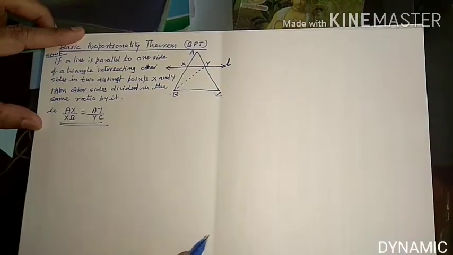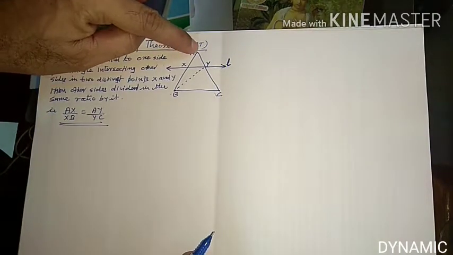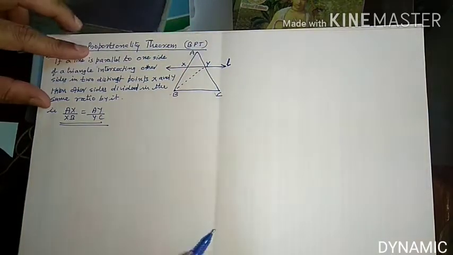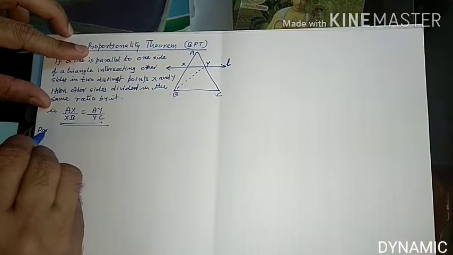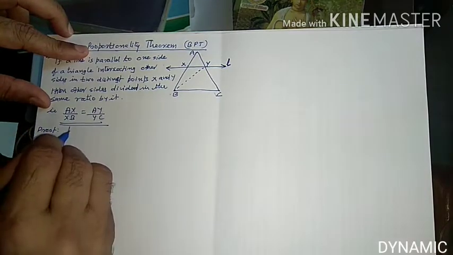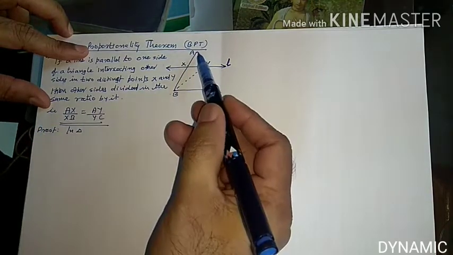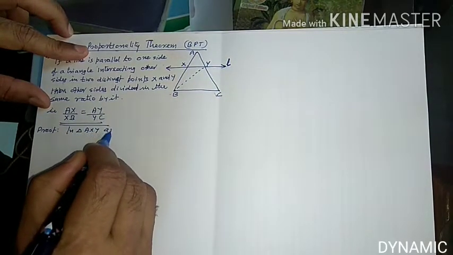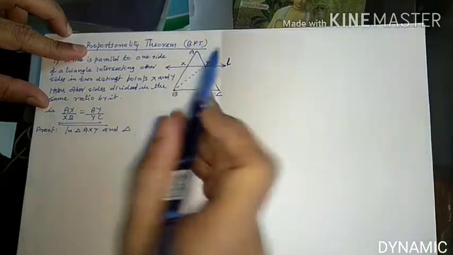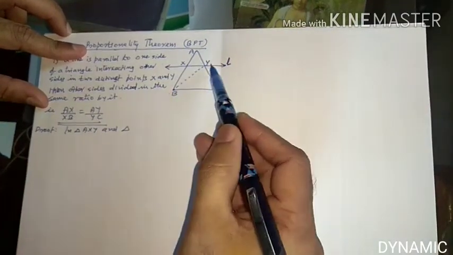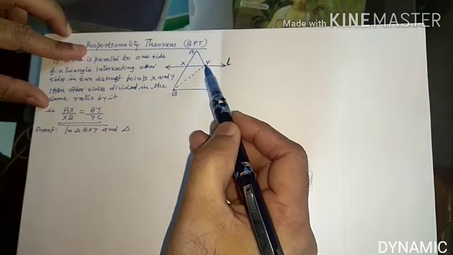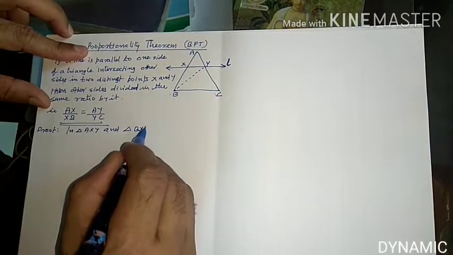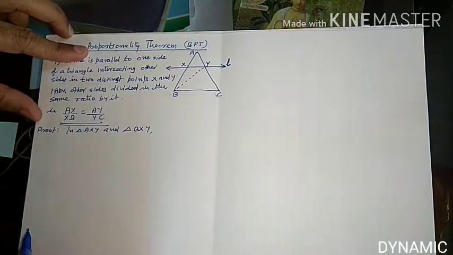Now you have to see two triangles. The small triangle AXY. Proof. In triangle AXY and triangle BXY, what is it saying?